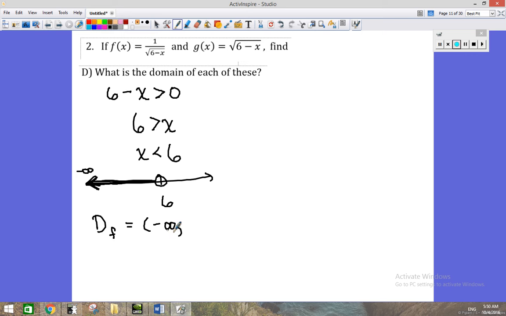It's not a true number. It's not an endpoint. I can't include it in an interval. So my domain for f is all real numbers that are strictly less than positive 6. Let's erase this stuff.